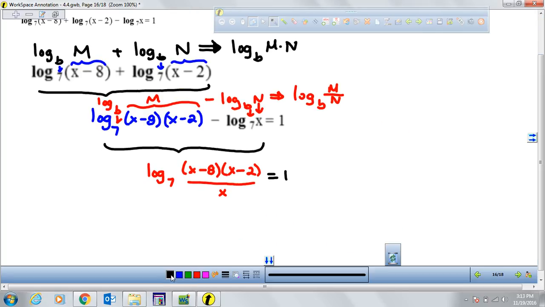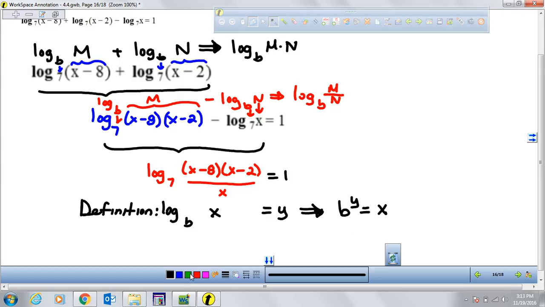Next, now that we have condensed it into one log, we're going to use the definition of the logarithm again to rewrite this equation in exponential form. The definition of the logarithm says that log base b of x equals y is the same as b to the y power equals x.